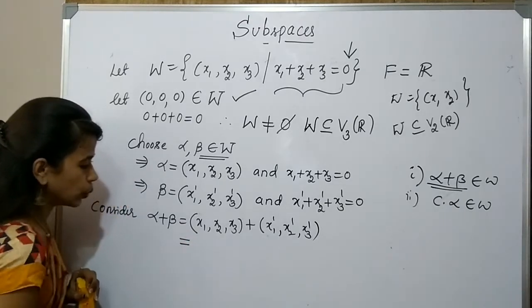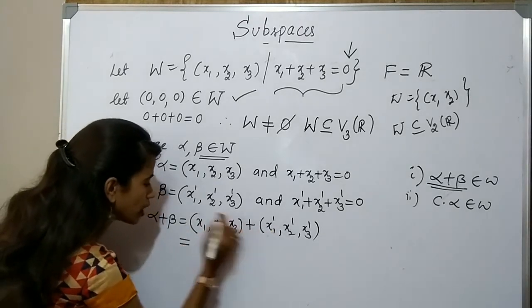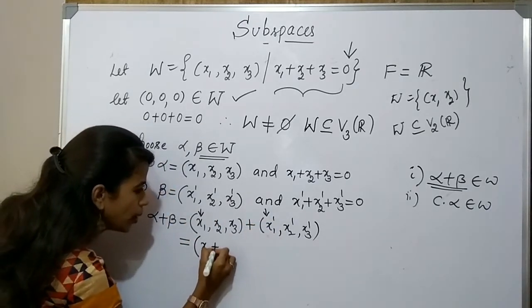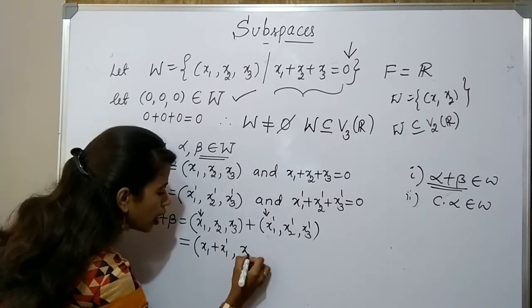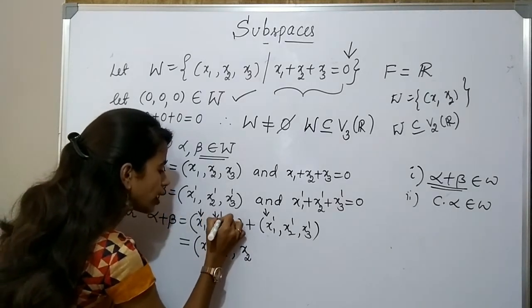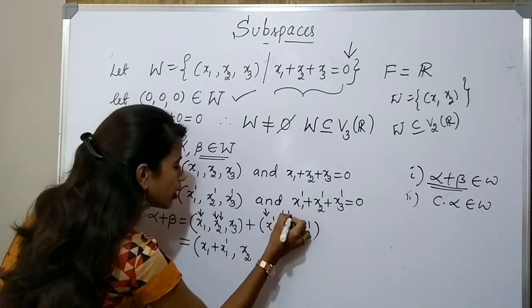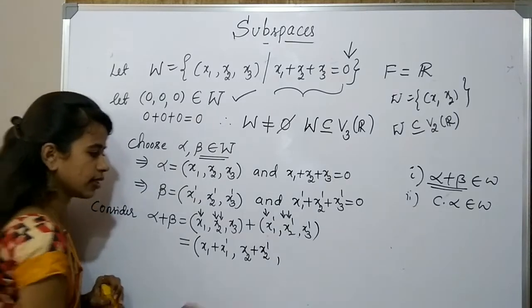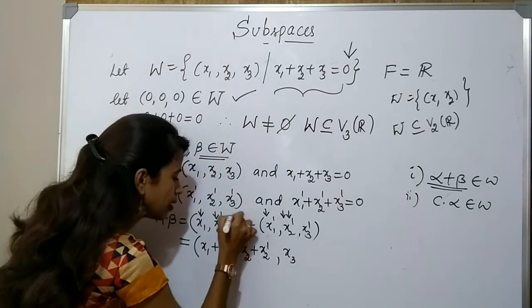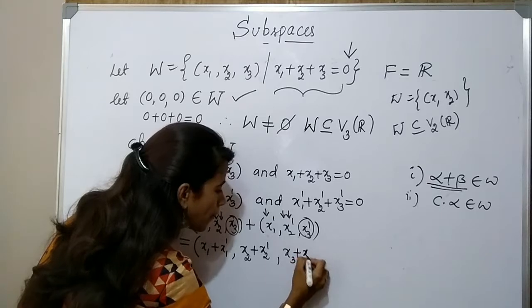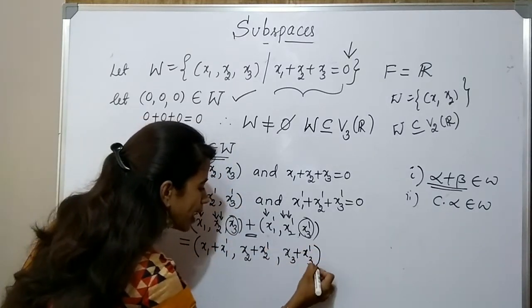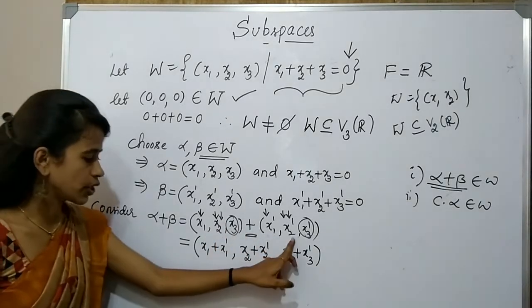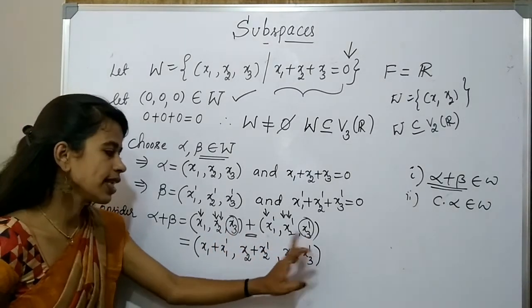If I add these two, the first coordinates give x1 plus x1', the second coordinates give x2 plus x2', and the third coordinates give x3 plus x3'.